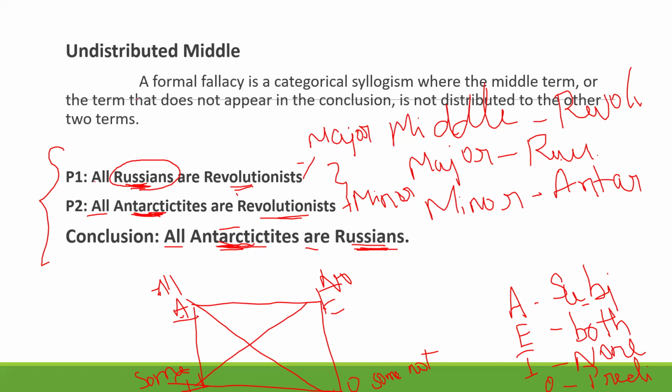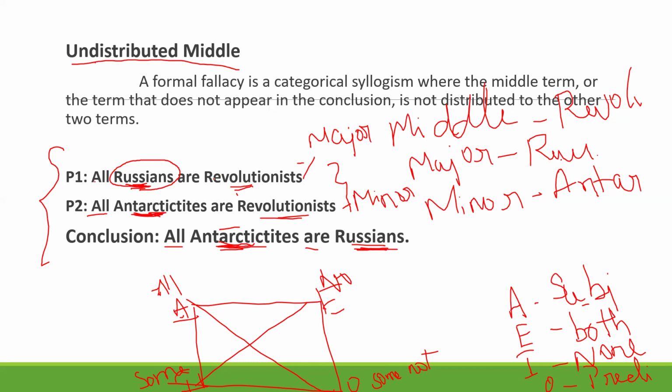So here the middle term is not distributed. What is the condition? For undistributed middle, in the middle term we have to check whether it is distributed in any one of the premises. If distributed in any one of the premises, it is called distributed middle. But here, in both premises the middle term is not distributed. So automatically this is called undistributed middle.